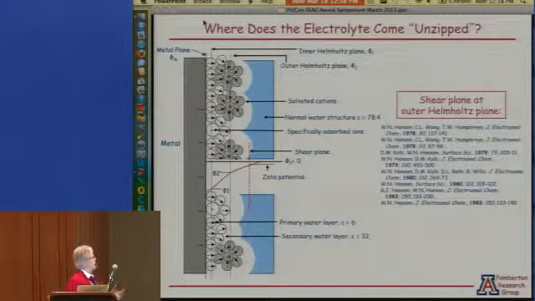And trying to understand if this doesn't explain why we see this step function change in thickness, what does? And we went back and we asked ourselves, what was Hansen thinking about when he made the statement that the electrolyte should come unzipped somewhere around the outer Helmholtz plane?